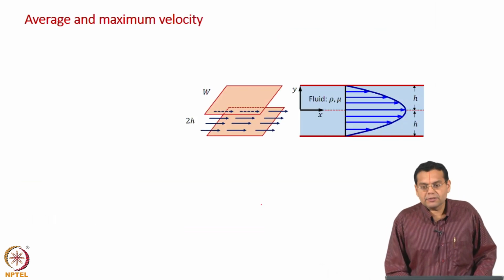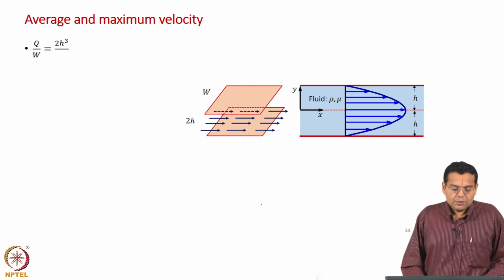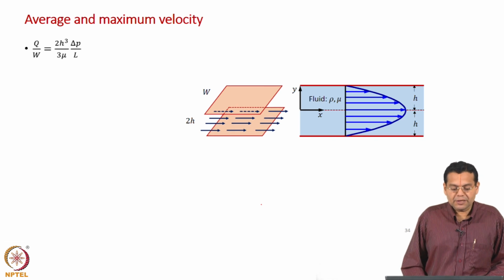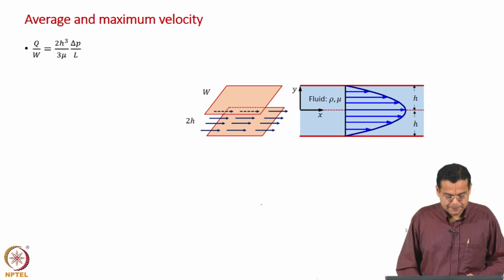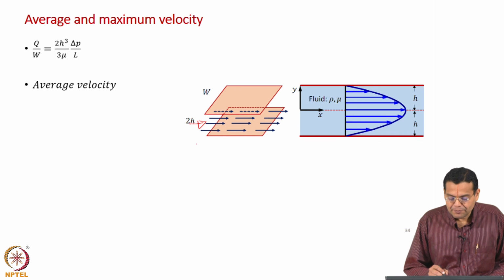We can also find out the average velocity and maximum velocity. Let us do that. This is the flow rate per unit width, which I derived in the previous slide. How do you define average velocity? The volumetric flow rate divided by the cross sectional area.